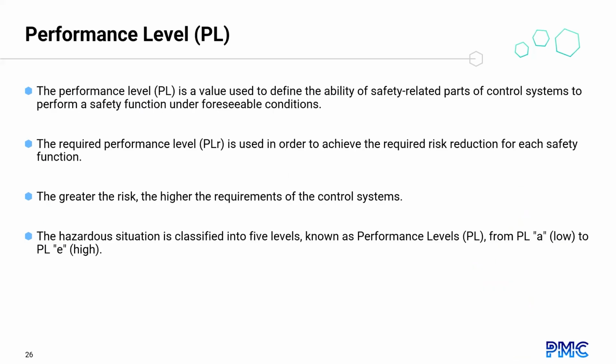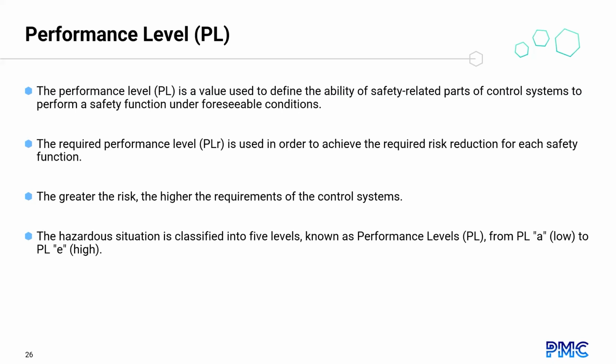So now that we understand that risk is determined by severity, frequency, and possibility of avoiding, we enter into the combination of these three factors, what we call the performance level. The performance level is developed based on the combination of these three factors, used to define the ability of safety-related parts of control systems to perform a safety function under foreseeable conditions.